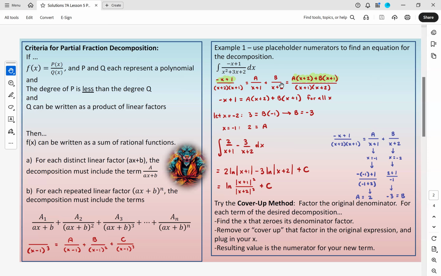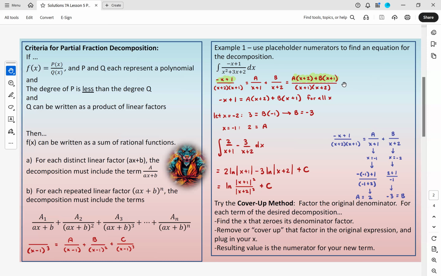Meanwhile, the second fraction gets multiplied by x plus 1, top and bottom. So the B specifically gets multiplied by x plus 1. When we write it all back together as a single fraction, we'd have our common denominator, as you can see here. And then you would have A with the multiplier, B with the multiplier, that are really the opposite terms' denominators.